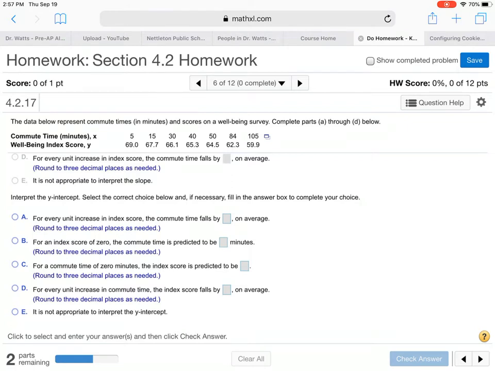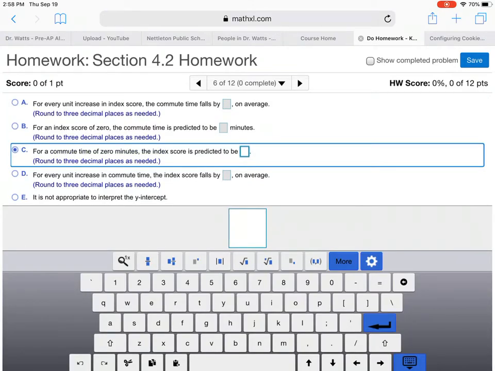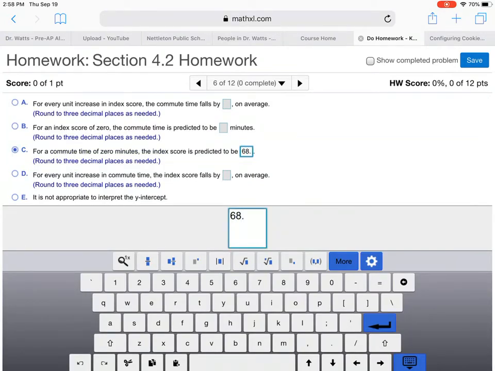So for this problem, we are looking at x, which is commute time in minutes. And so if our commute time is 0 minutes, then that means our index score will be predicted to be 68.988.